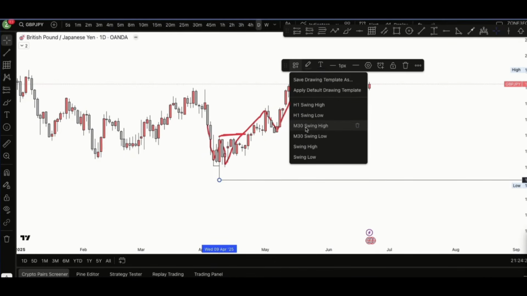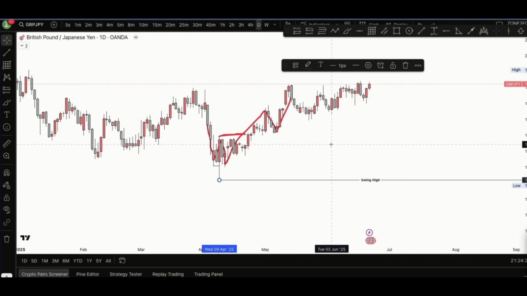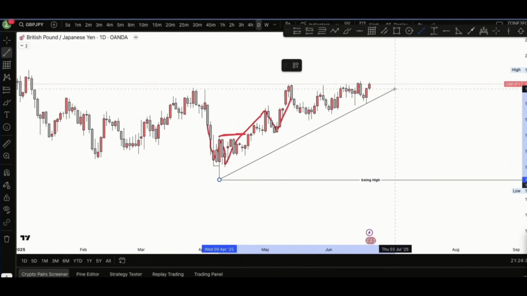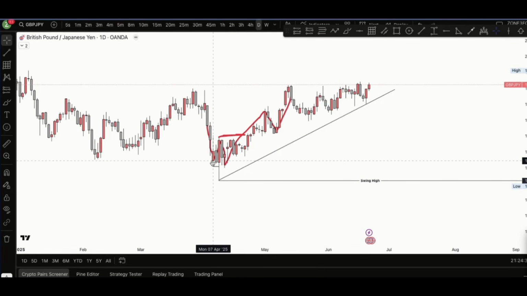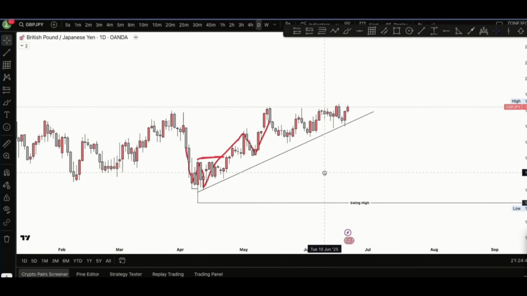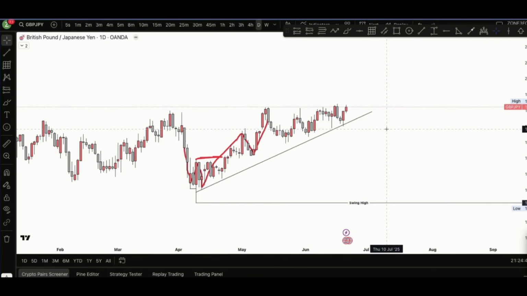And the moment we have a break of structure and a change of character, that also confirms the beginning of our what? Trend. When you have a sweep, change of character and break of structure, that confirms the beginning of our trend. So this shows that we are on an uptrend on the daily time frame.